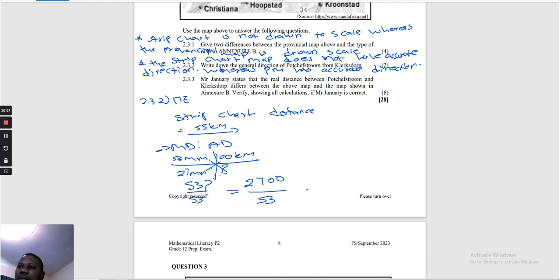I divide by 53, then my question mark is equal to 2,700 divided by 53. It gives me 50,9 kilometers. But remember, when I was looking at the strip chart, it says 55. But here, you see, it gives me 50,9 kilometers. You see that they are not the same.